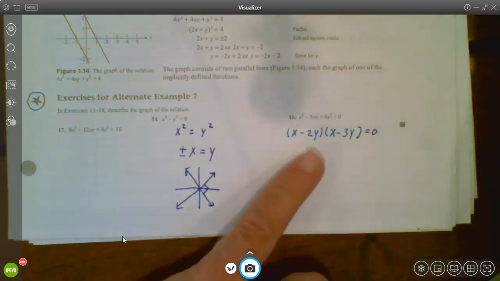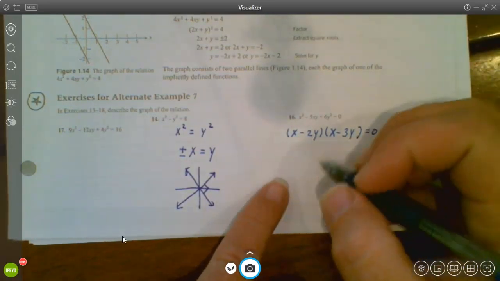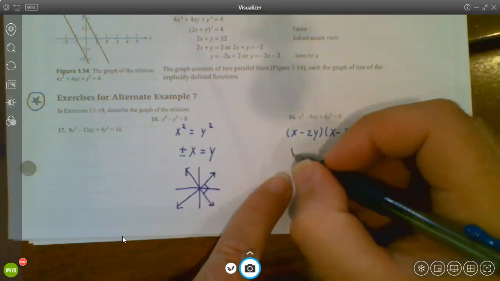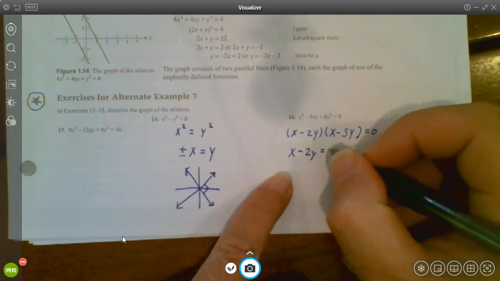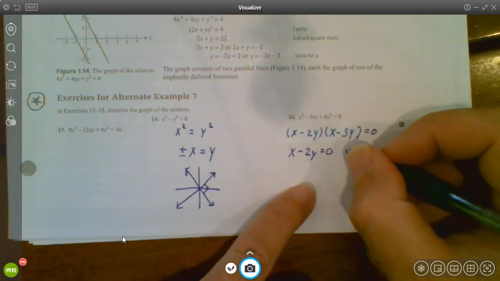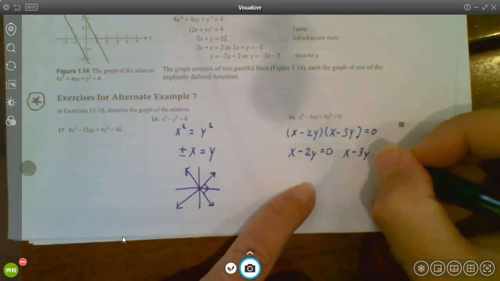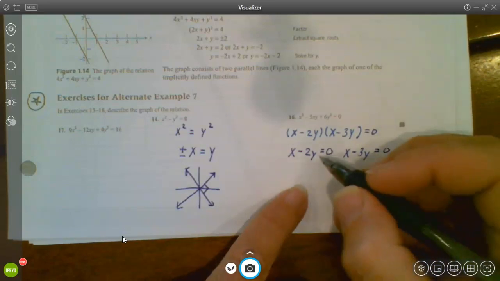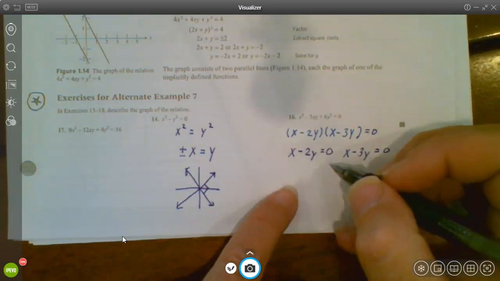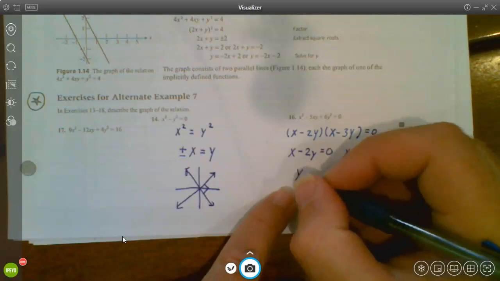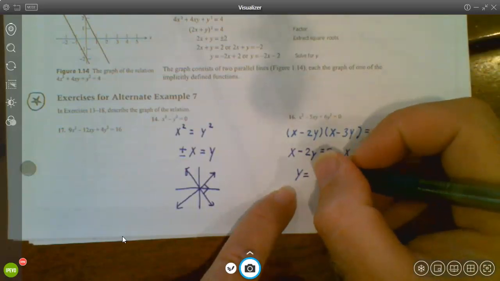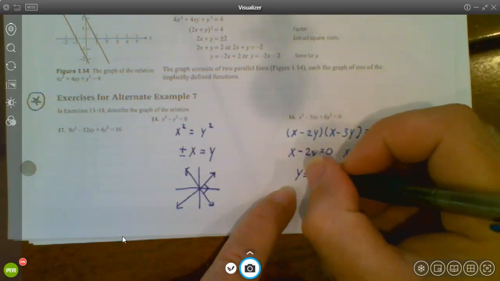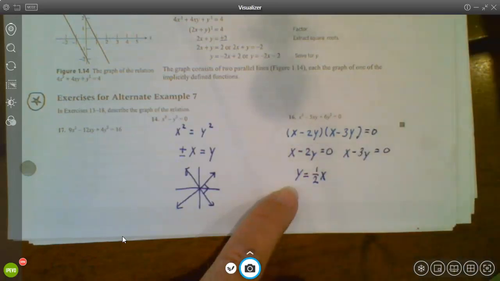Now we can solve these guys separately. I'm going to set each factor equal to 0 and solve for y. So on this one, subtract the x, divide by negative 2, and it would look like this.